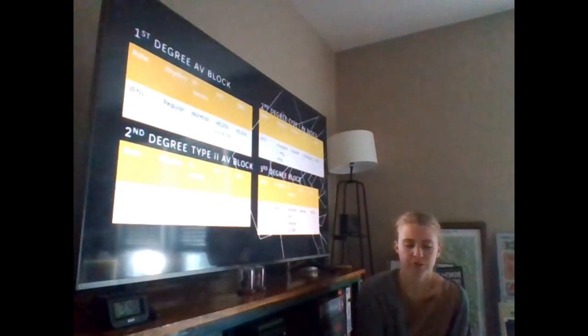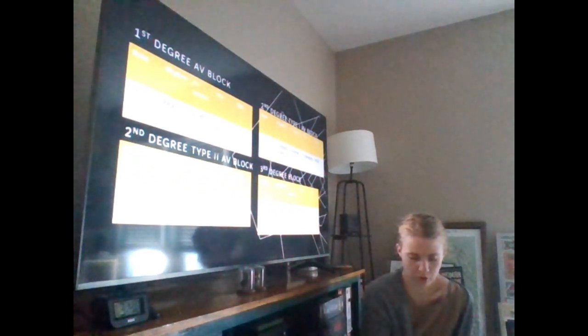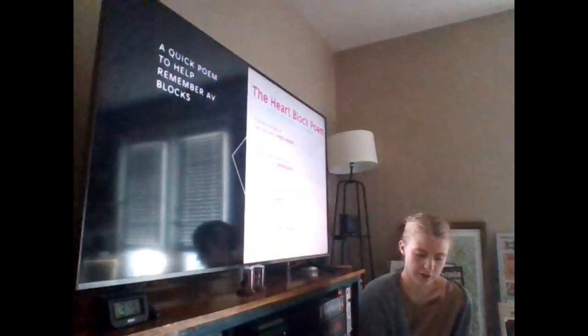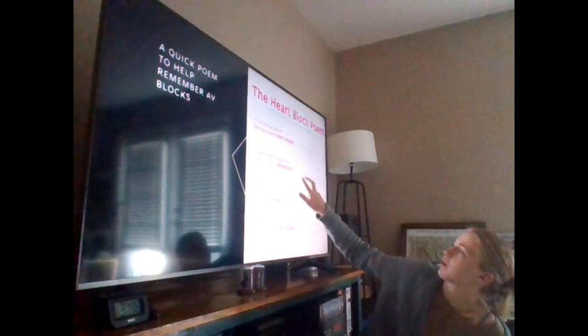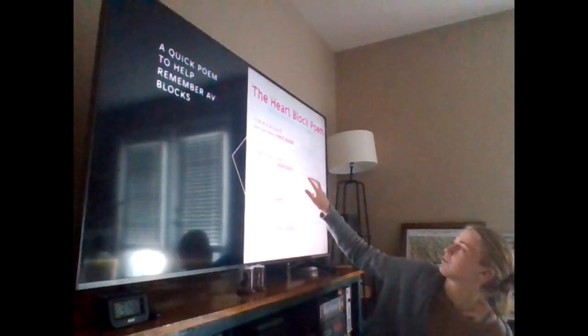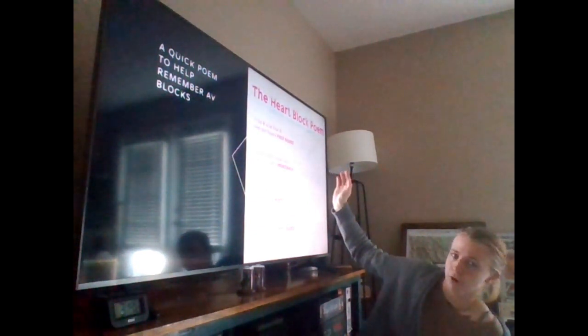And then you go into your second degree AV blocks. Second degree type 1 AV block, you're going to see a lengthening of your PR intervals. They'll start out more on the normal side, and then they'll get longer and longer until you have a completely dropped QRS.